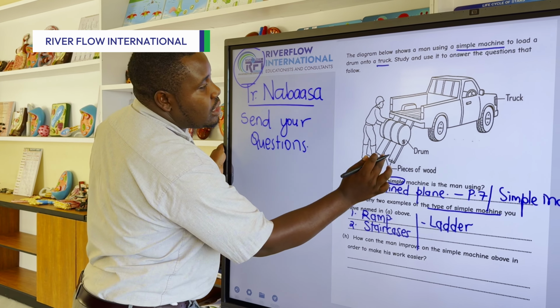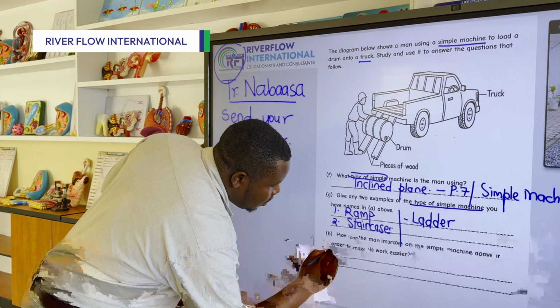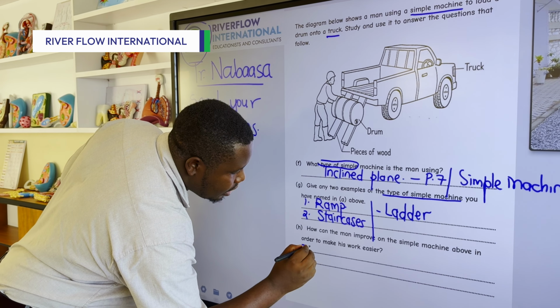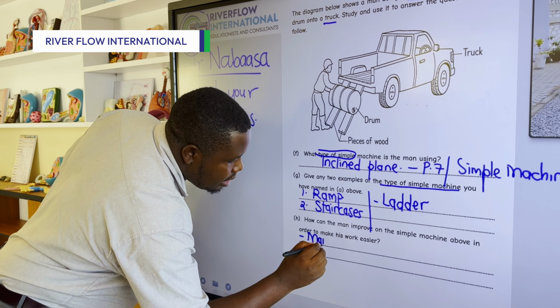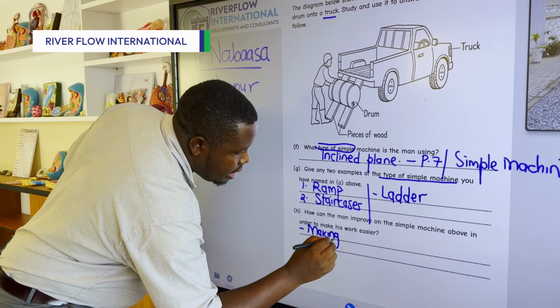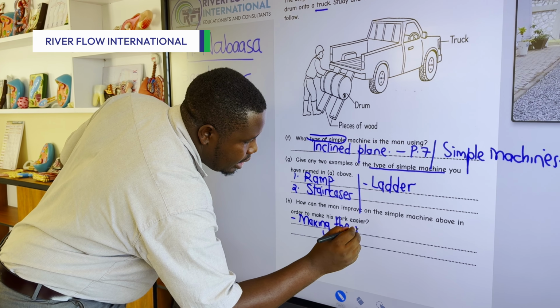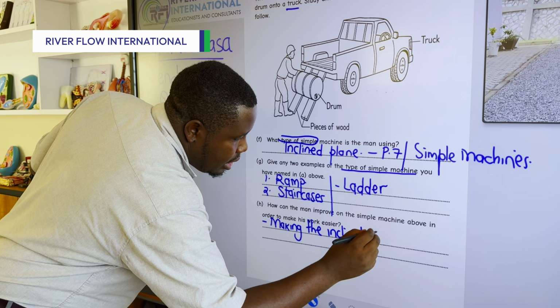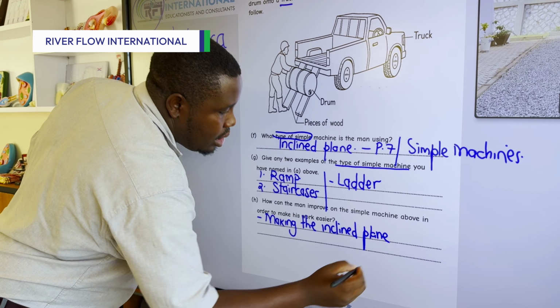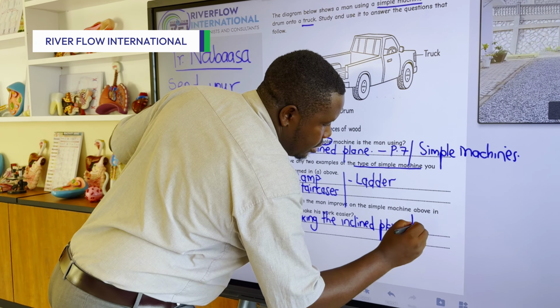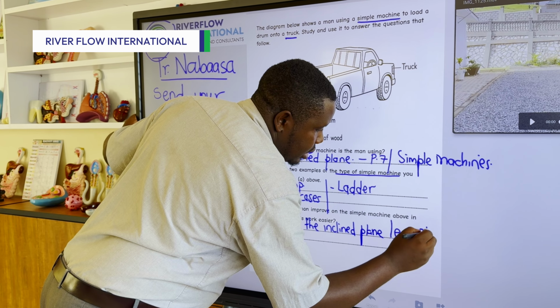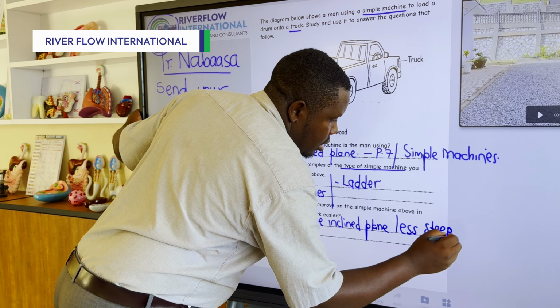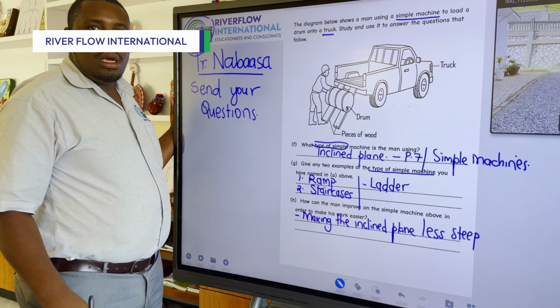This one is a bit steeper, so if I make the inclined plane less steep, it can also be longer.